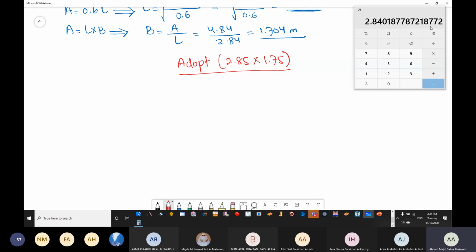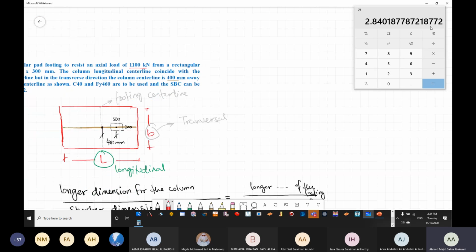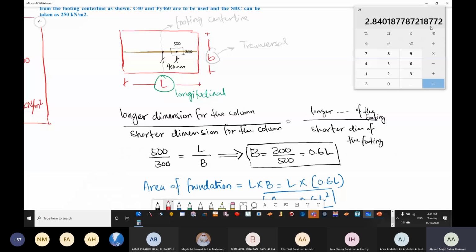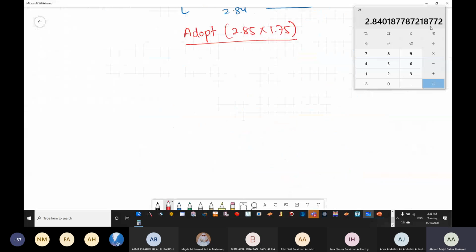Now this would be okay if we were having only an isolated foundation with the load being in the center. But this is not the scenario in this case. In this case, the loading is not acting in the center. Now do you remember when we talked about the pressure diagram?